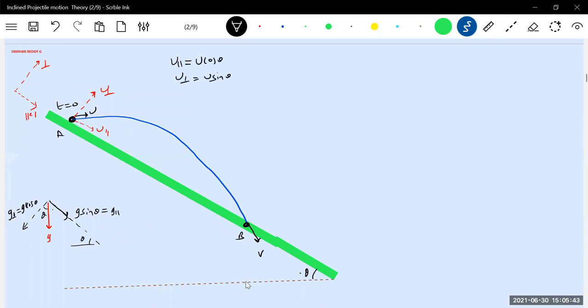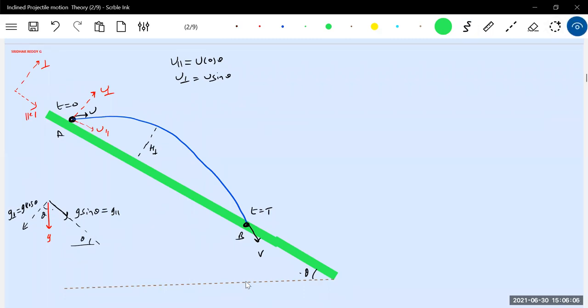G parallel is g sin theta, I resolved it. So now it will come and strike at B, and this is some perpendicular distance with respect to the inclined plane. We'll call this H perpendicular. After some time t, it will come and strike here. This is the time of flight. So first we'll calculate the time of flight.